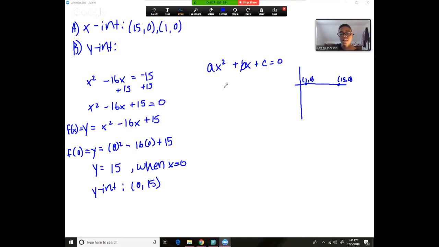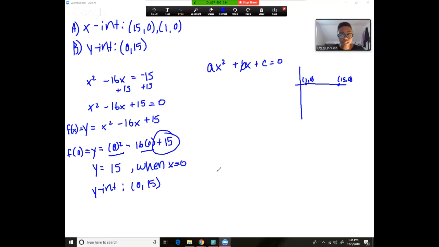It's really cool. You don't even have to do all of this. All you have to do is say my y-intercept is 15, because when you plug in 0 for x, everything else in the equation is going to turn to 0. 0 times anything is 0. The only term in the equation that doesn't have an x connected to it is the constant, c, which is 15.